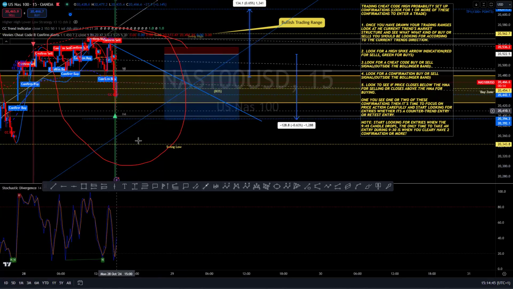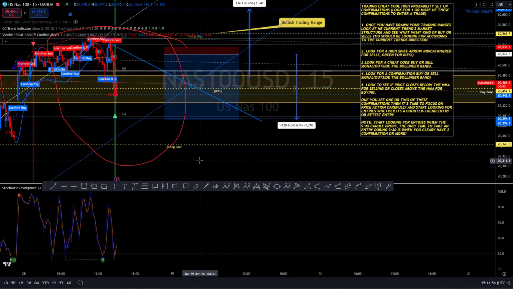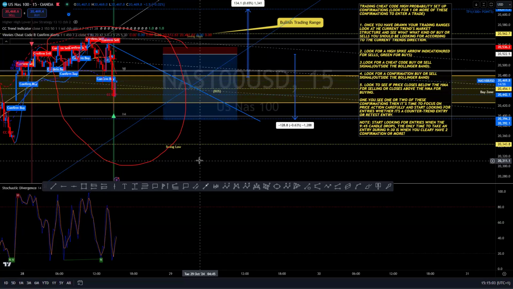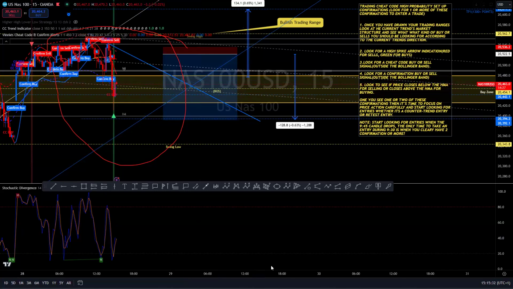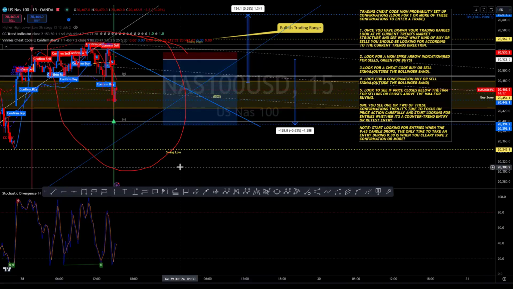Got a high spike here. 3, 2, 1. They haven't got a cheap code sell or confirmation sell yet.